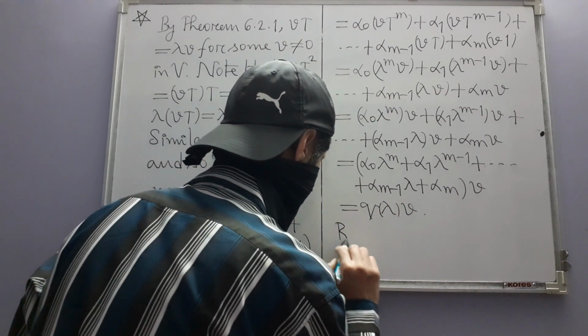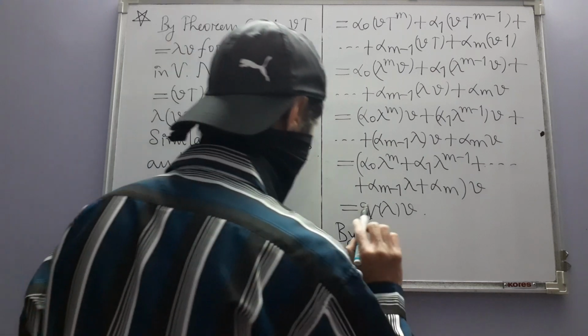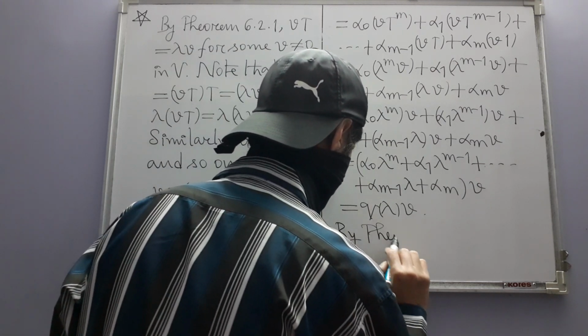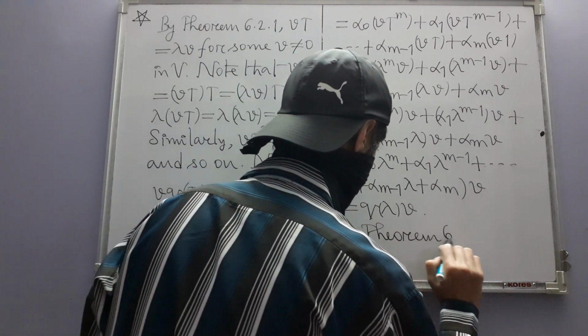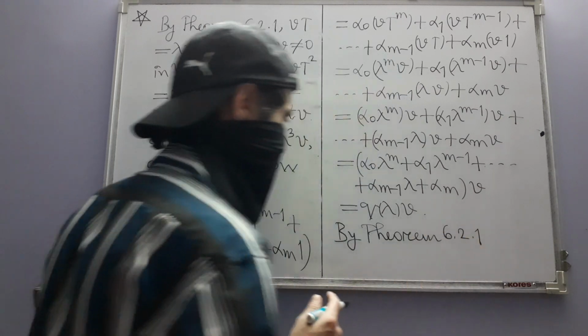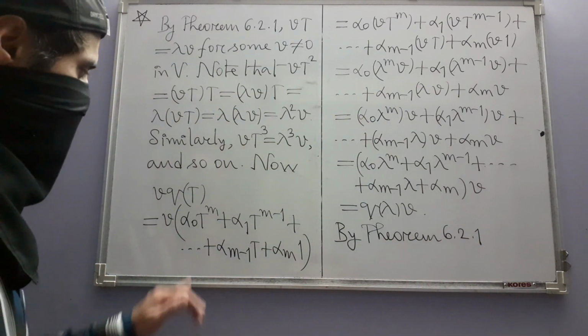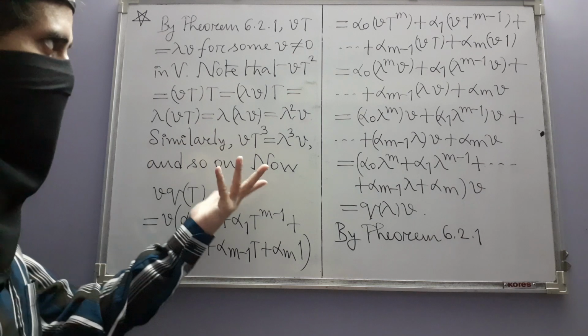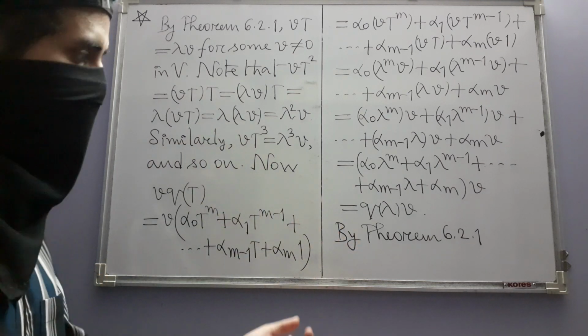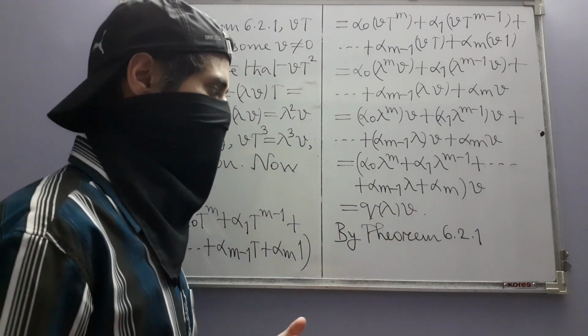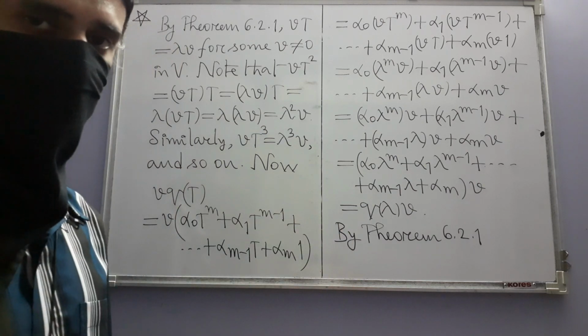So by theorem 6.1, because theorem 6.1 works both ways, and v was non-zero previously, now also it's non-zero. So there is such a non-zero vector v for which this equation is true.